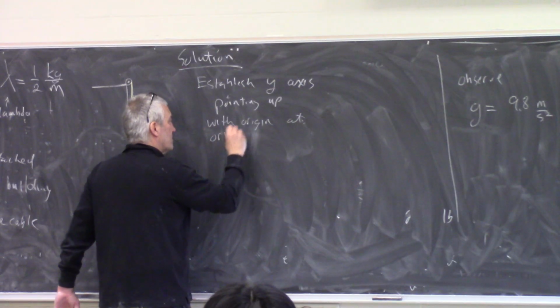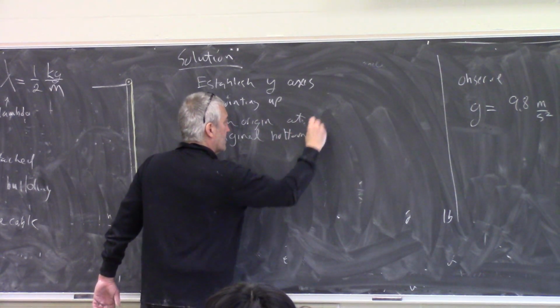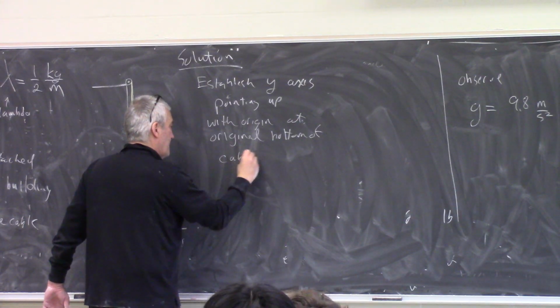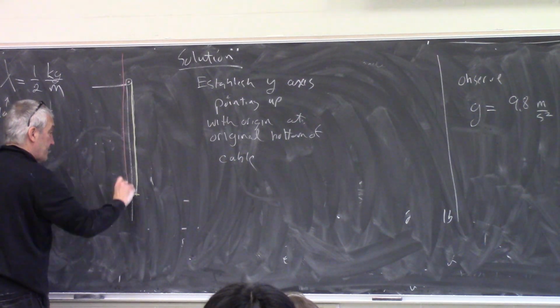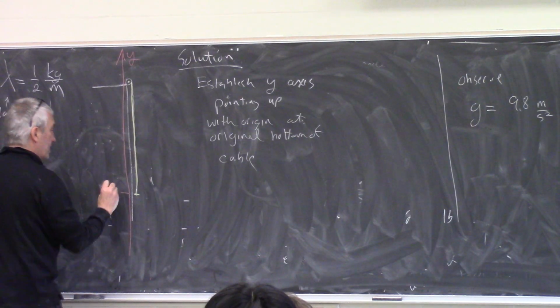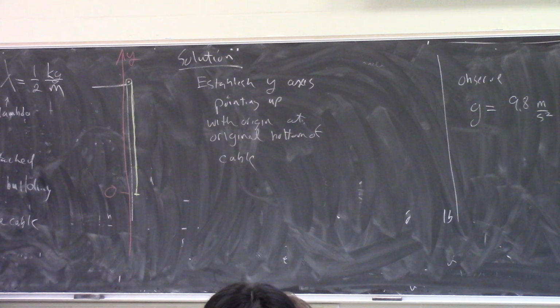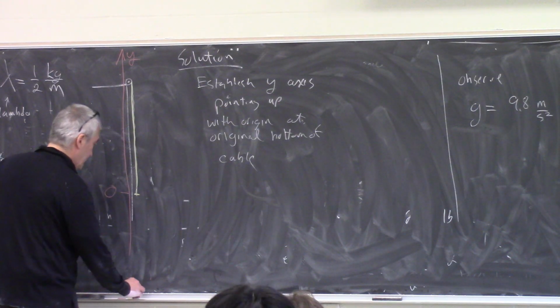So at the original bottom location of the cable. So I add that to my drawing. Here's my y-axis. It's pointing up, and its original location is there. Its 0 is there where the cable is originally hanging.